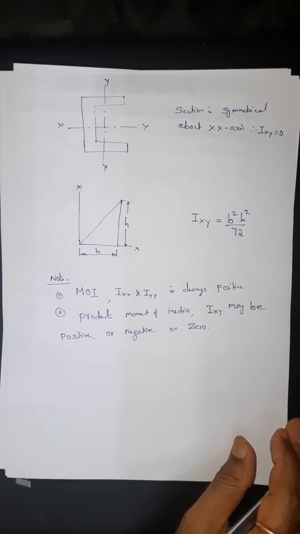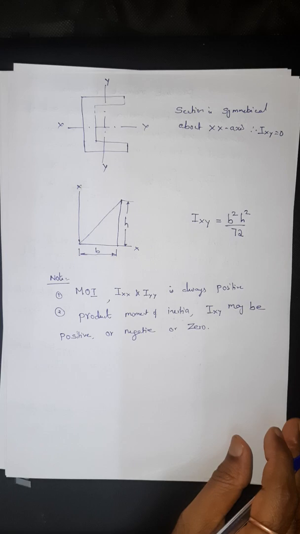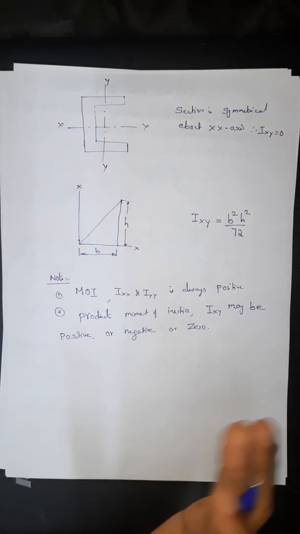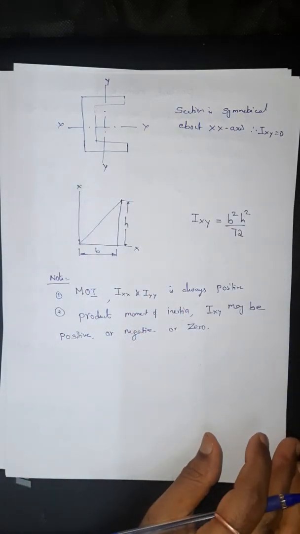It depends upon the location of the area relative to the axis. The product moment of inertia of a plane figure with respect to the centroidal axis is 0 if it is symmetrical to any one or both the axes, which I have explained in detail, right?